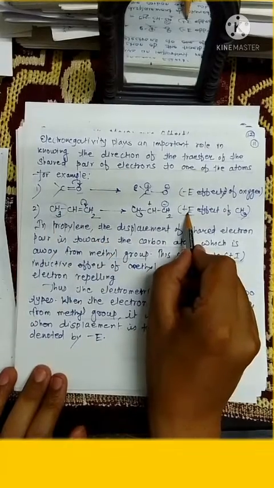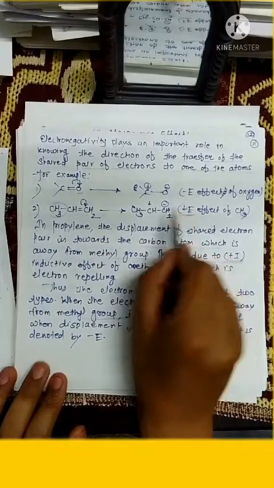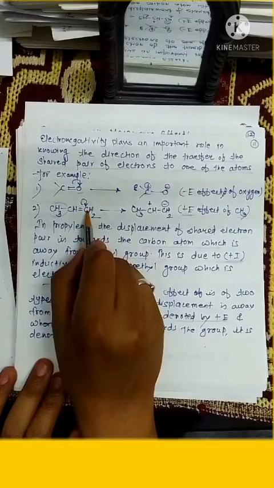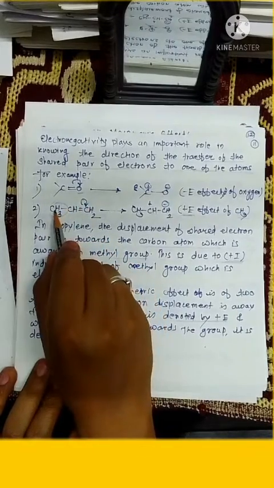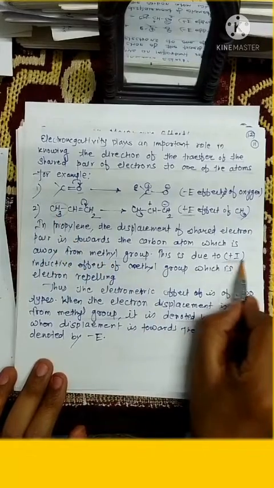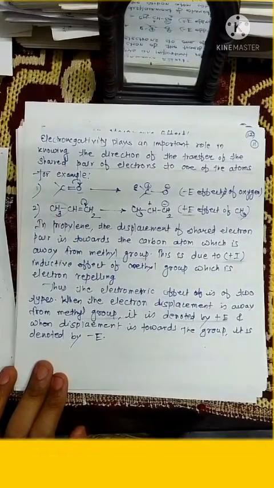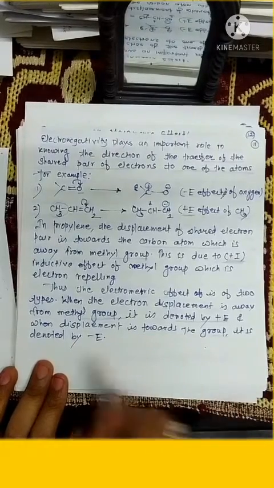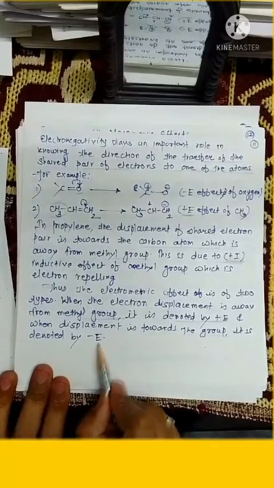That's why it is known as plus E effect. Why does the electron pair go away from this methyl group? Because this methyl group has positive inductive effect. And when displacement is towards the group, it is denoted by minus E effect.